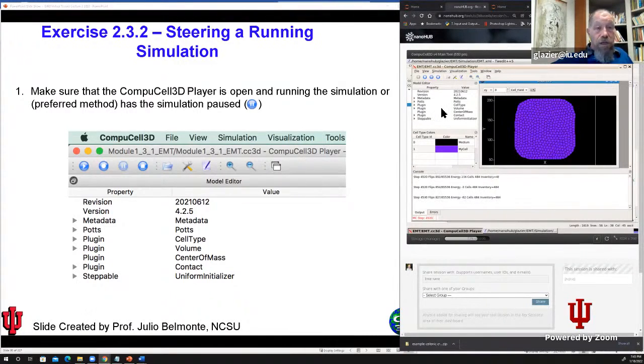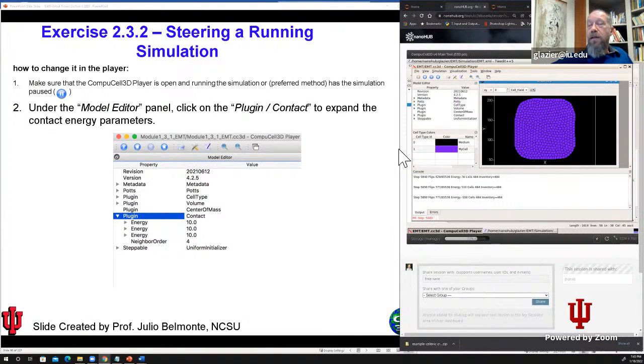This allows you to change parameters in the simulation while it's running. The editing that we did in Twedit changes the values for the next simulation I run. I can change parameters in the simulation while it's running using this model editor.